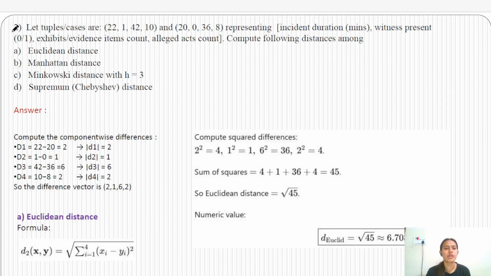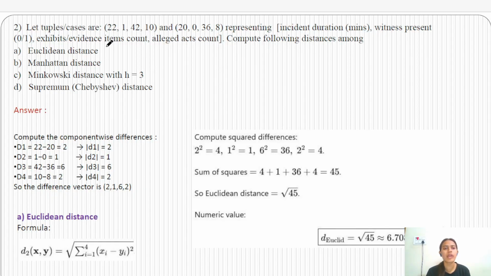Now we have question number 2. Let the tuples or cases be 22, 1, 42, 10 and 20, 0, 36, 8, representing incident duration in minutes, witness present 0 or 1, and exhibits, the evidence items count. Compute the following distances among them.